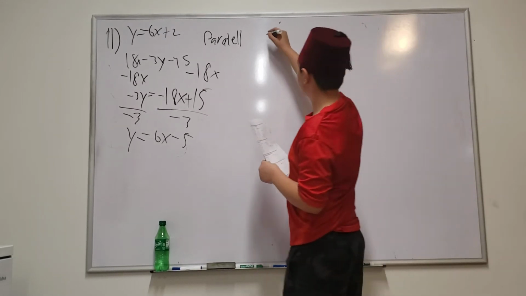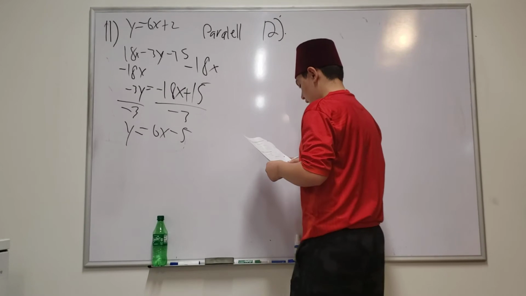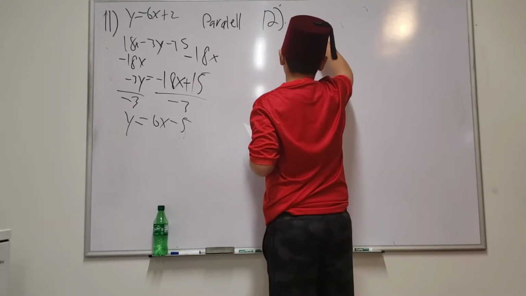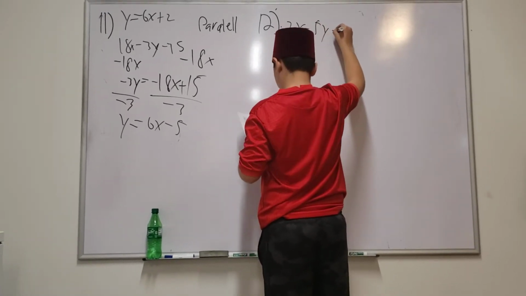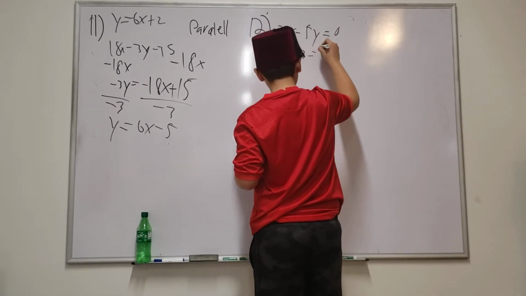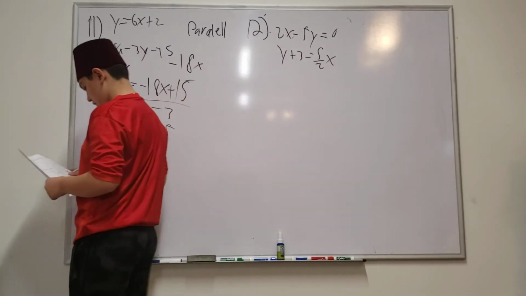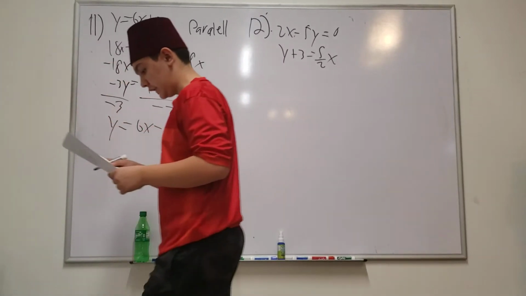All right, so number 12. We have the equation 2x minus 5y equals 0, and y plus 3 is equal to 5 over 2 x.